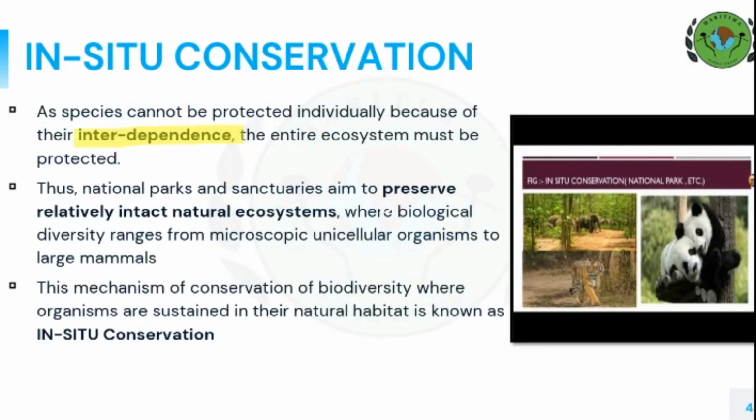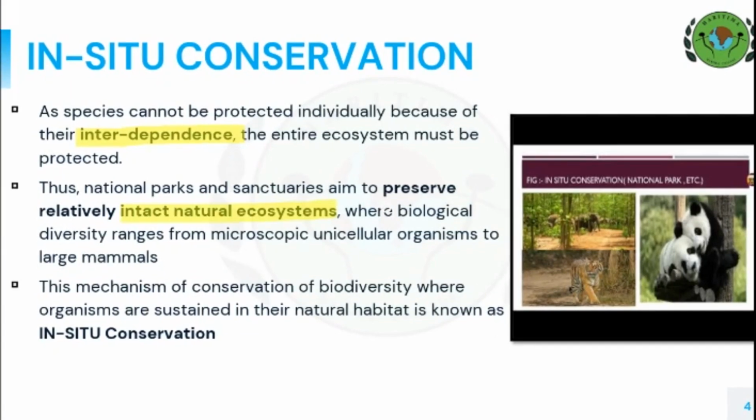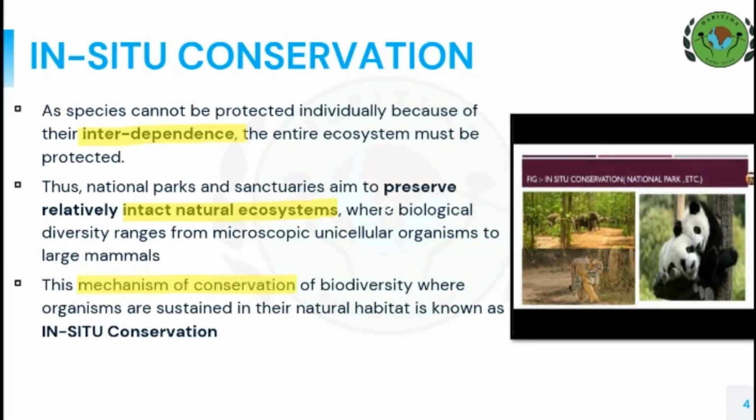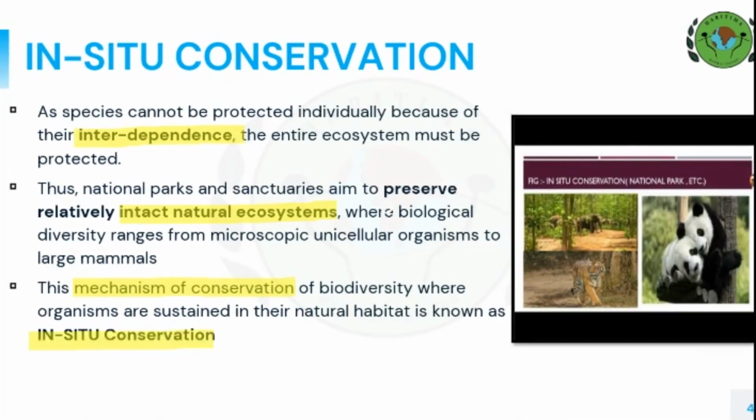Thus, national parks and sanctuaries aim to preserve relatively intact natural ecosystems, where biological diversity ranges from microscopic unicellular organisms to large mammals, like from birds to animals, or we can take the example of sparrows to giraffes. So this mechanism of conservation, in which we include their habitat, is known as in-situ conservation.